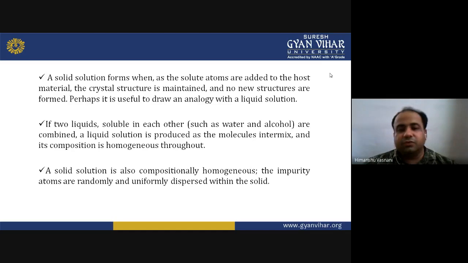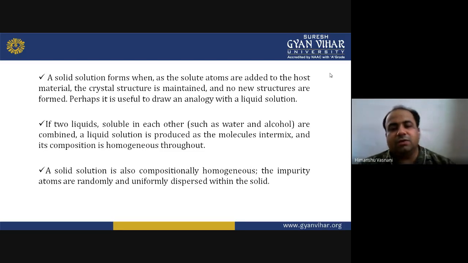Perhaps it is useful to draw an analogy with a liquid solution. If two liquids that are soluble in each other, such as water and alcohol, are combined, a liquid solution is produced as the molecules intermix, and its composition is homogeneous.